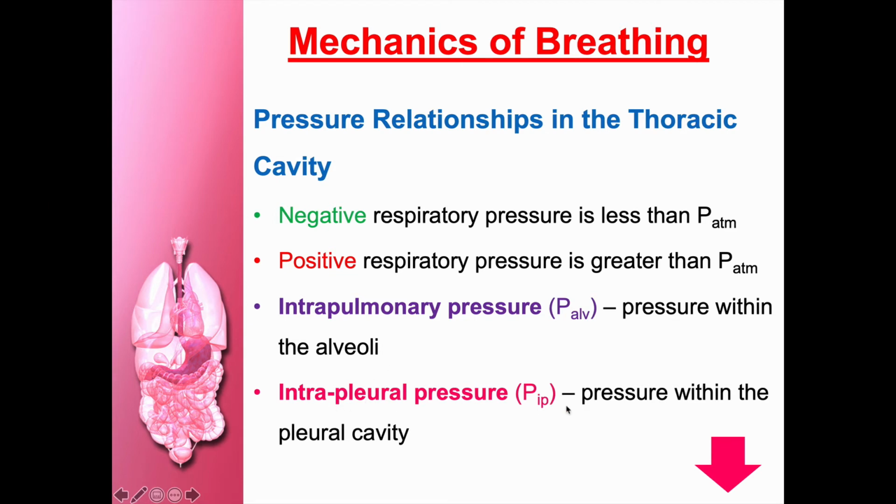Intrapleural pressure is the pressure inside the pleural cavity, which we mention as PIP. The alveolar pressure we mention as PALV, and the atmospheric pressure as PATM.